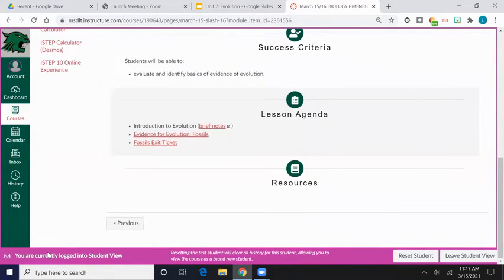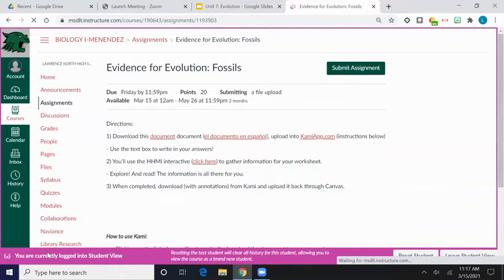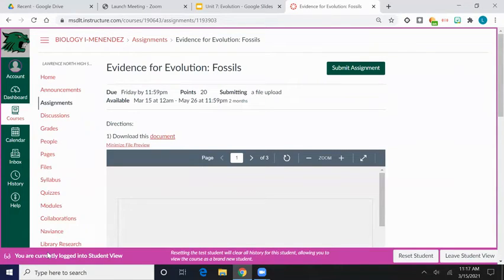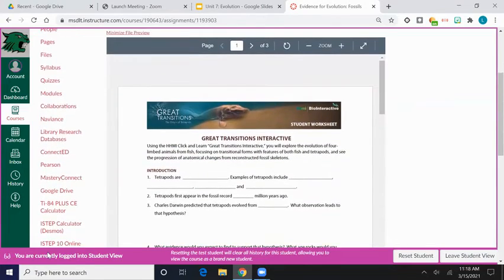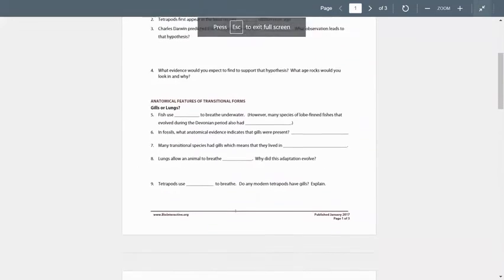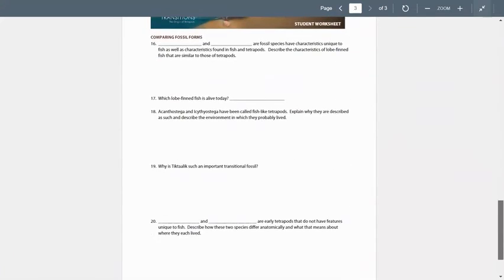So under the agenda here, we have our three things. We just did the notes. In case you ever want to go back, I do have the PowerPoint there. And we're going to click on Evidence for Evolution Fossils. So here you're going to see a few different links. The first one is to download this document because you're going to upload it to ICYMI. So this is what it looks like. It says Great Transitions and it's about 3 pages long, 20 questions in total.